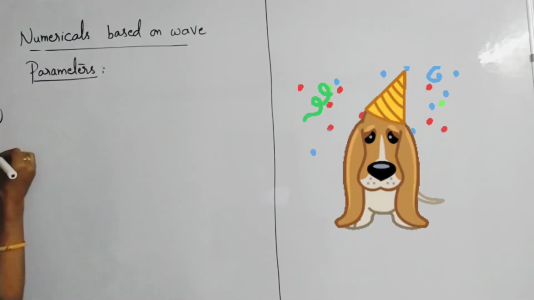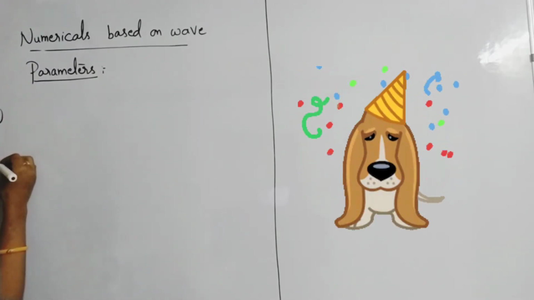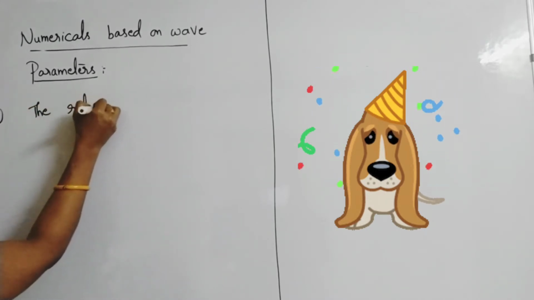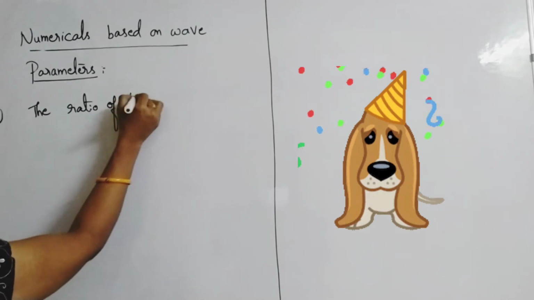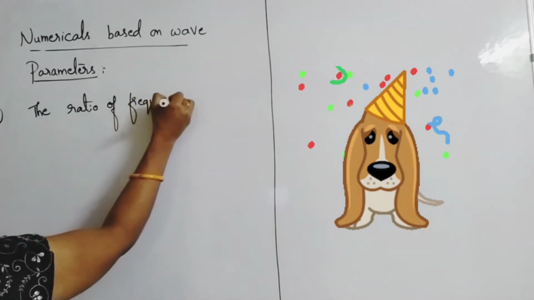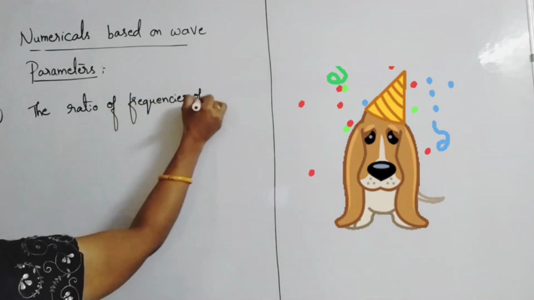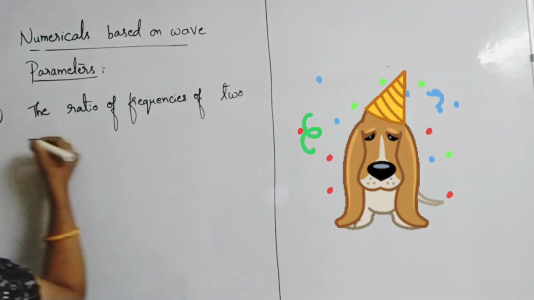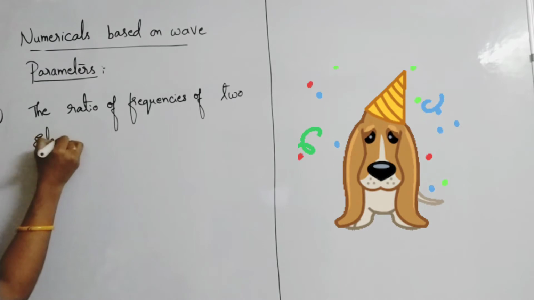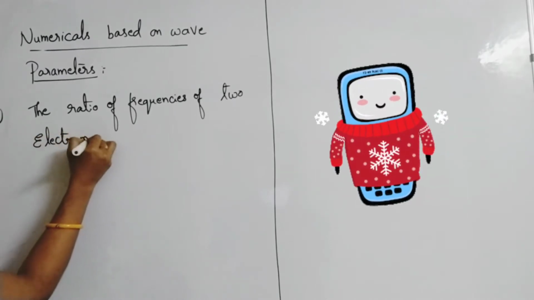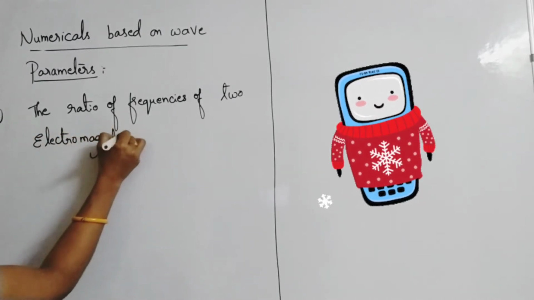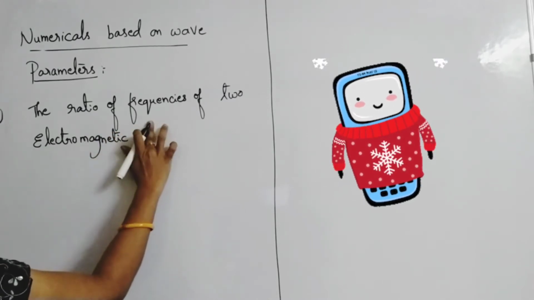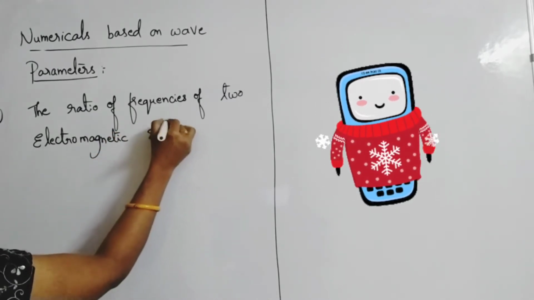Question number 1. The ratio of frequencies of two electromagnetic radiations is 2:1.